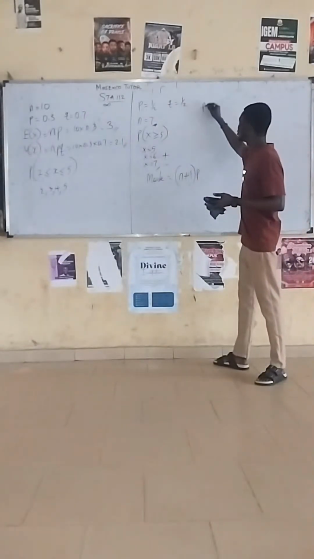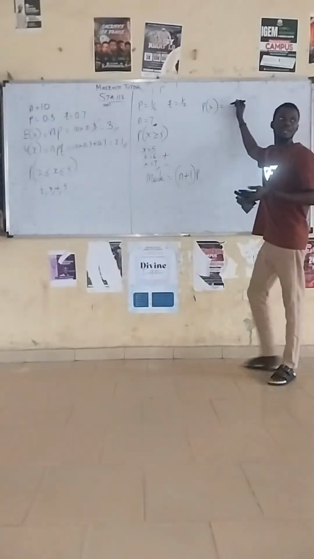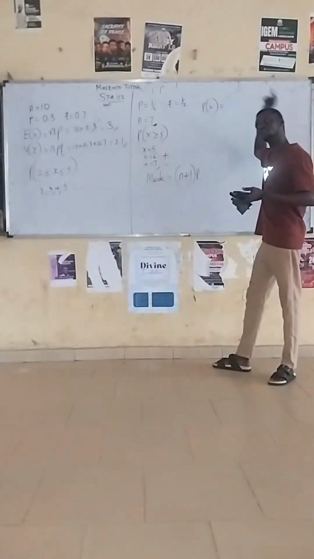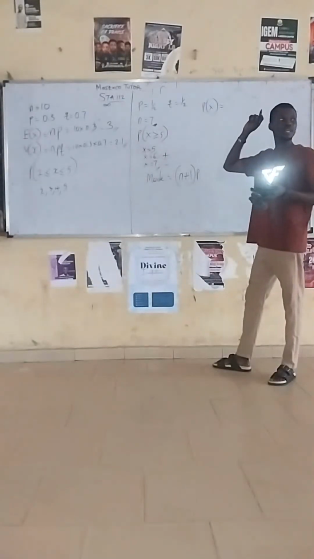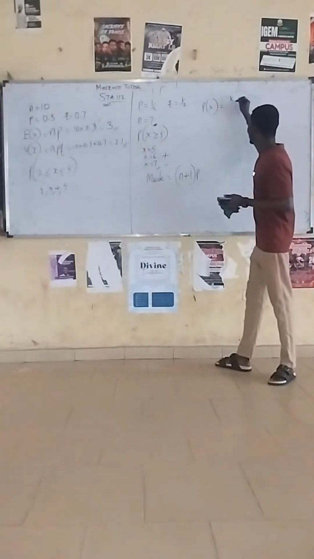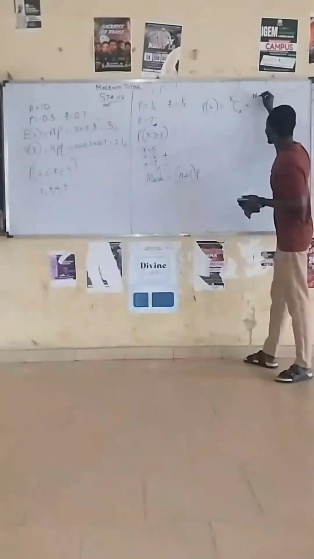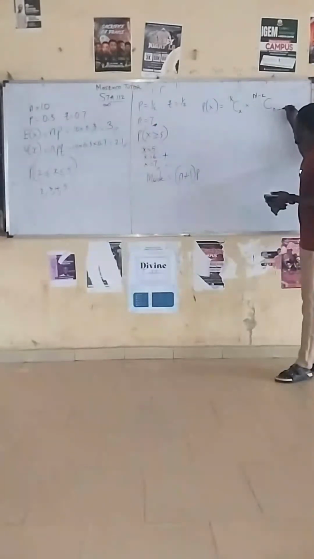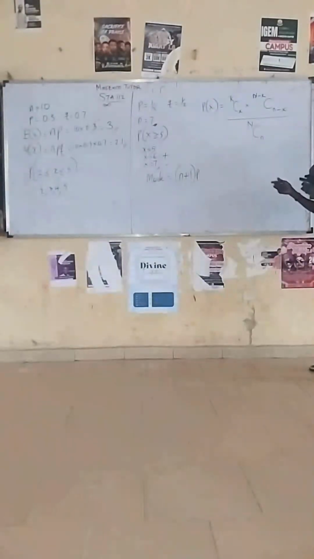P of x for hypergeometric is given as K combination x times N minus K combination n minus x, all over N combination n, right?